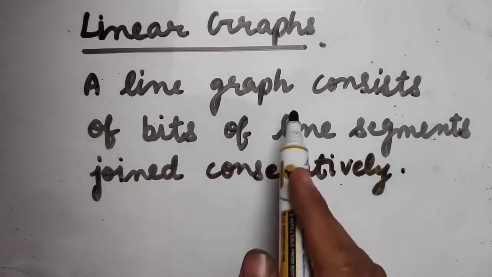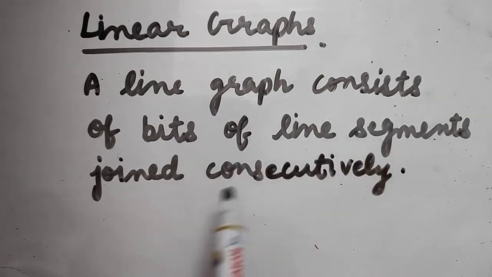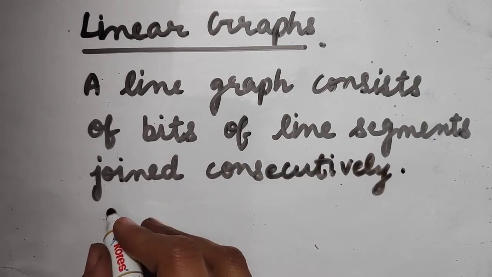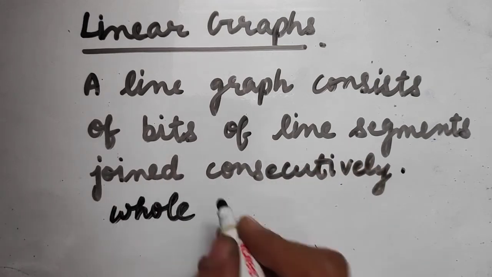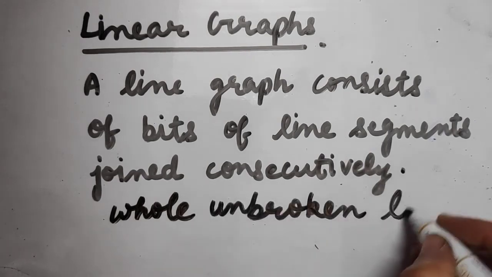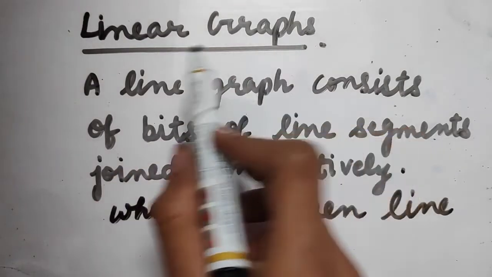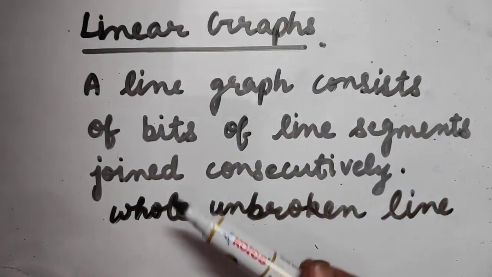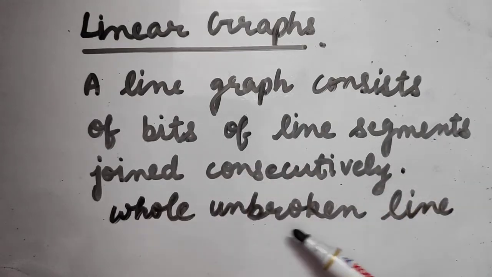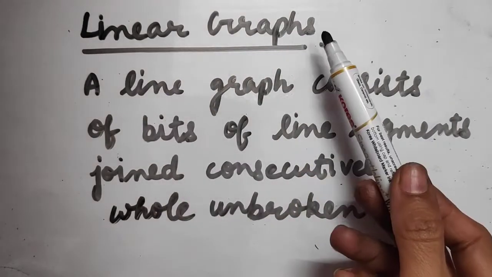We have seen this example of line graph. In this, it consists of bits of line segments. Sometimes the graph may be a whole unbroken line. Such a graph is known as a linear graph. Sometimes the graph may be a whole unbroken line. Such a graph is called a linear graph.